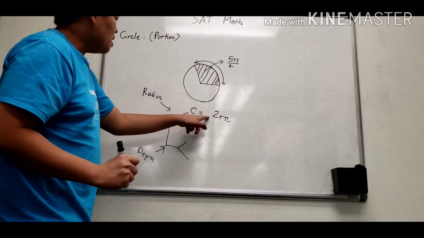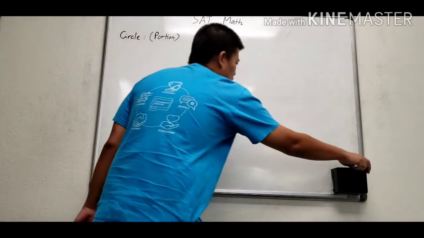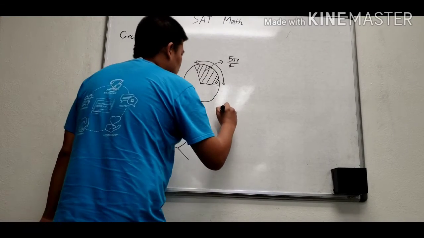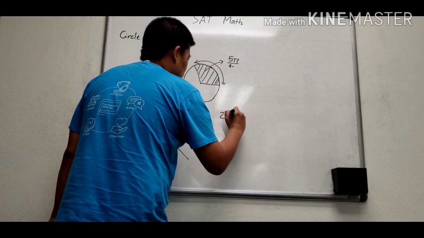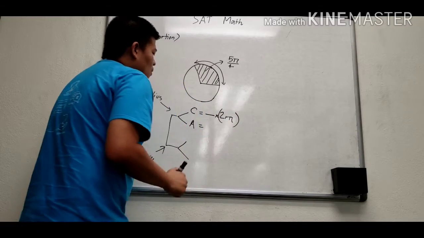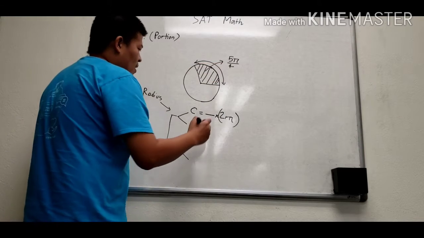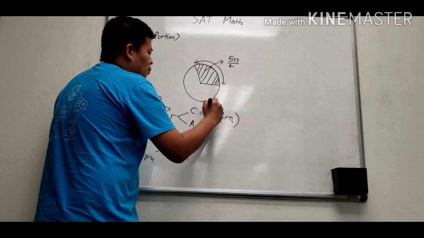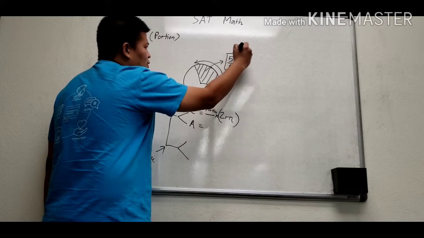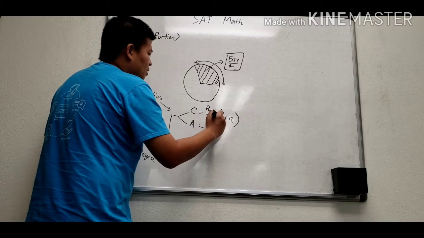And in this one we multiply with the fraction. The portion is the given number from the question divided by 2 pi.